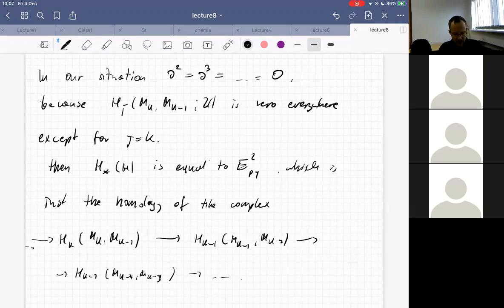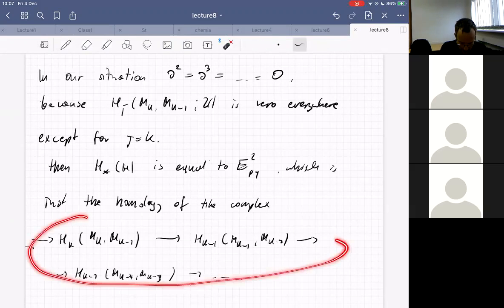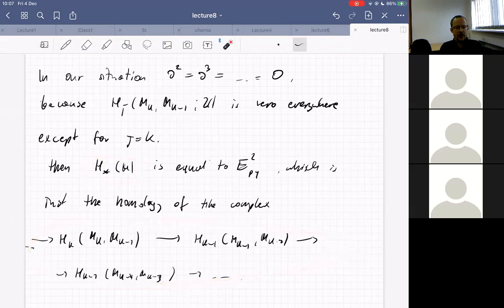All right, so this is like the last stage, that the homology of this complex is precisely the singular homology of the manifold, using Leray's spectral sequence, which collapses, which is equal to the second page. And so the summing up sentence is that because this homology is 0 everywhere except for j equal k, then the spectral sequence collapses, and you get the right homology.